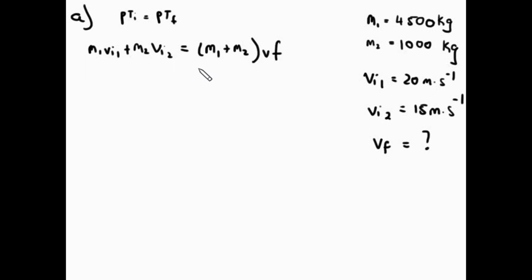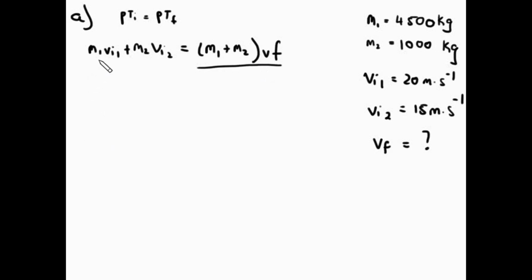Please understand this side of the equation. The truck and the car are connected, so their masses will be added together. I want the final velocity of the total system, the combination of them both. I'm not looking for the final velocity of the car or the truck, but of both of them as a whole.